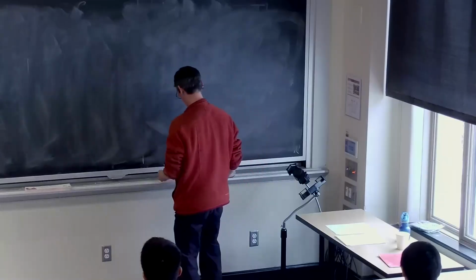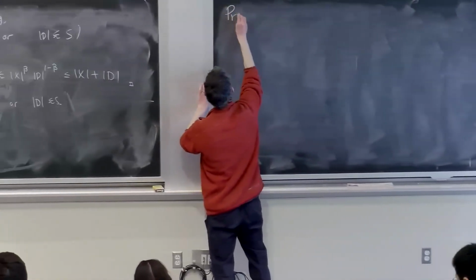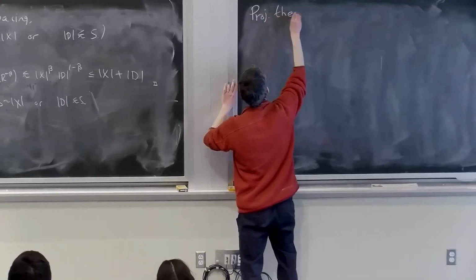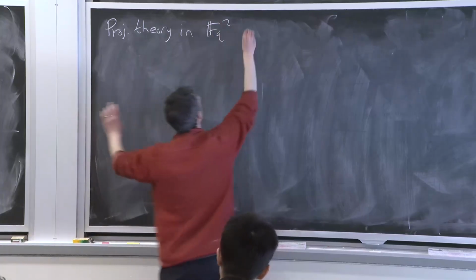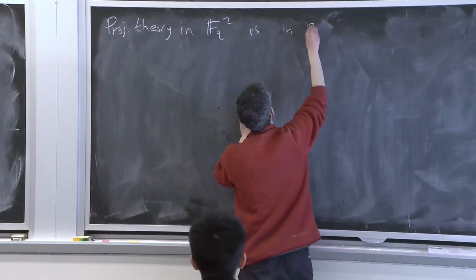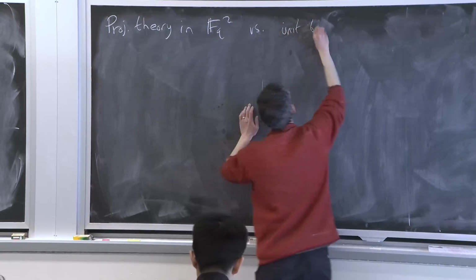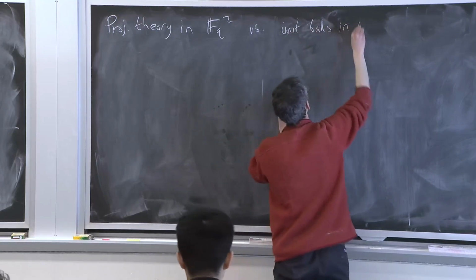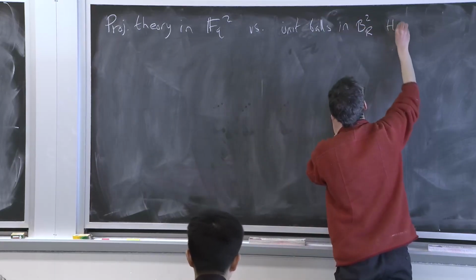OK. So we have projection theory in Fq2 versus unit balls in B2R and B2R with Hausdorff spacing.